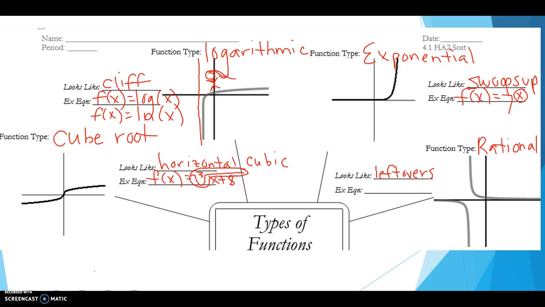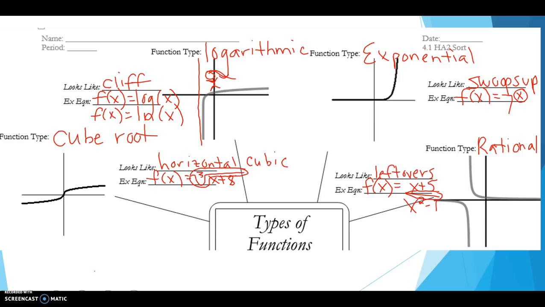So it usually has multiple graphs, and you may want to write that down as a note. So for an example equation, we did our whole second unit on rational expressions. And so it's just a rational expression, like, for example, x plus 5 over x squared minus 1. So what makes it rational is, first of all, it is a fraction. And second of all, there's an x in the denominator.